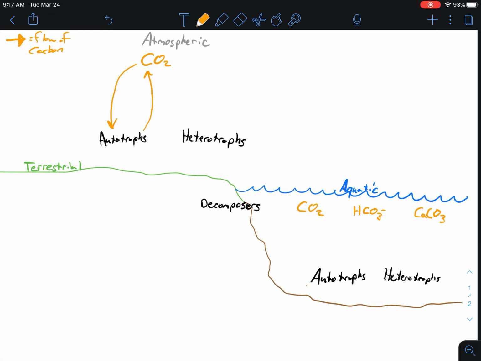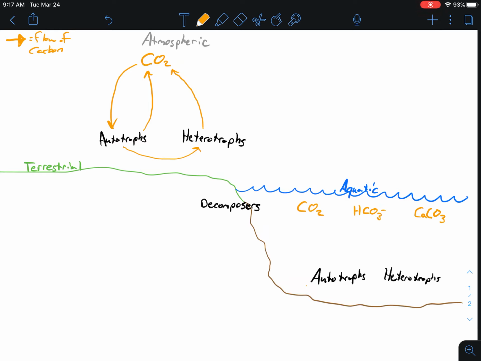But they have a net gain of carbon. Therefore, heterotrophs can consume those autotrophs to get their own carbon compounds for their body, and many of which will be broken down via cellular respiration to release carbon dioxide back to the atmosphere. So we have this nice little cycle between atmospheric reservoirs of carbon dioxide and terrestrial reservoirs of carbon.